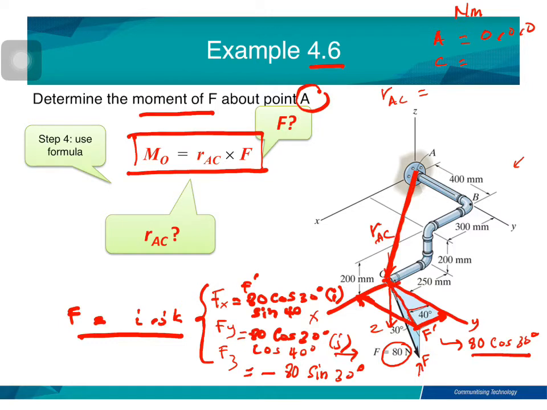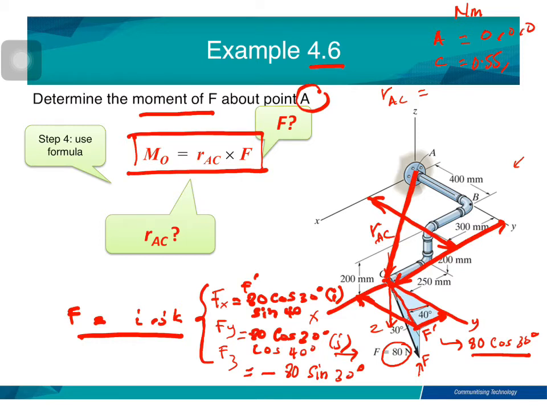So this is the I. So R is 300 plus 250. So it becomes 550 mm, which becomes 0.55 meter. Okay. And then what is the Y? So Y is here, from this to this. So Y is 400.